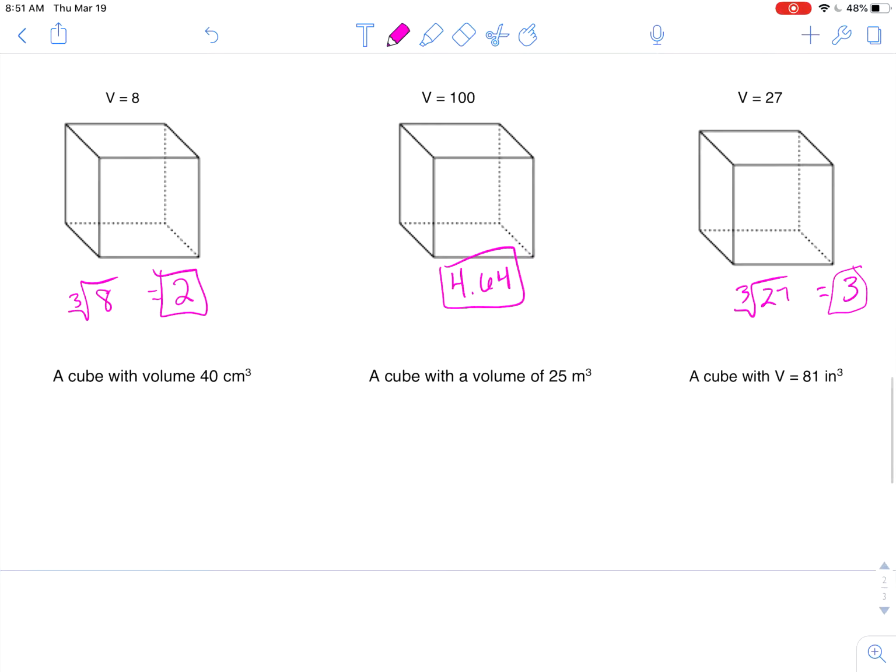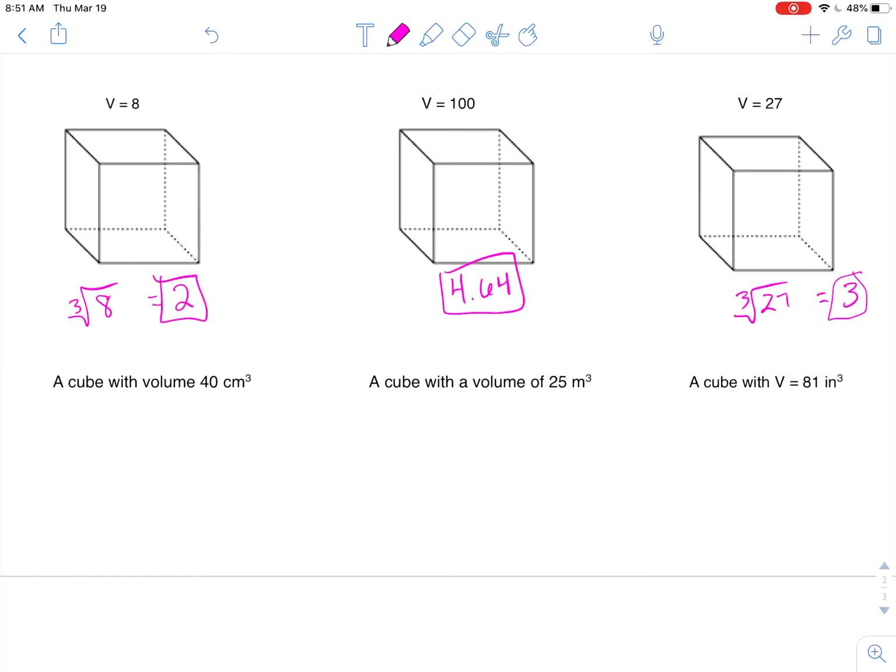So why don't you guys, again, pause this video, try the last 3 here and see how it went. So, cube root of 40 is 3.419. Well, that 9 is going to round up to get 3.42.